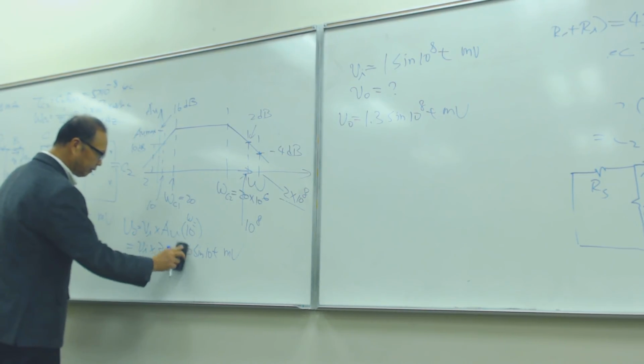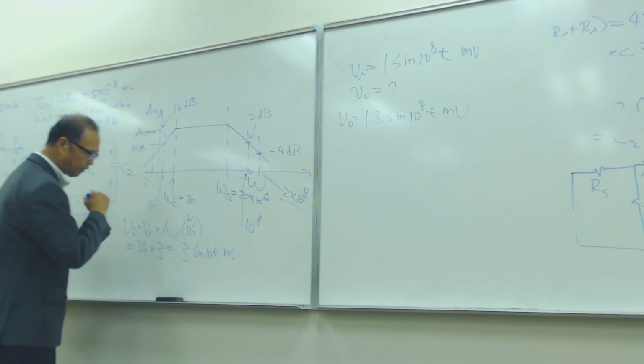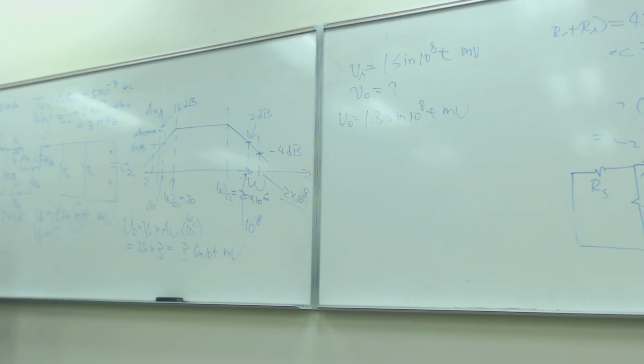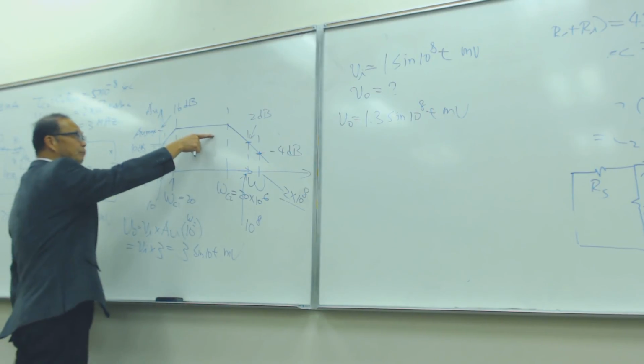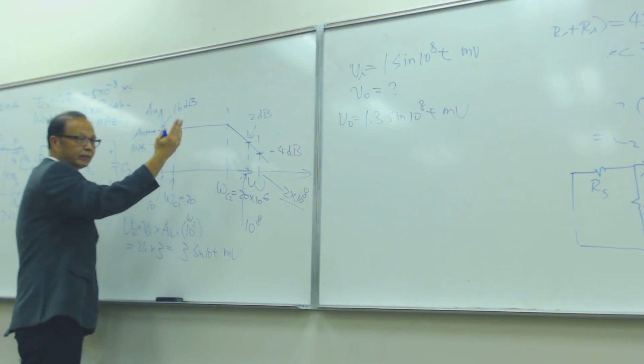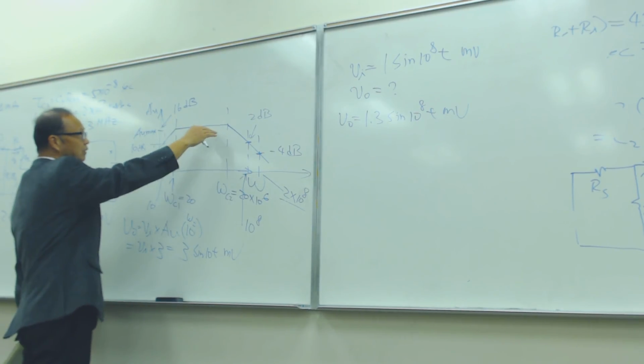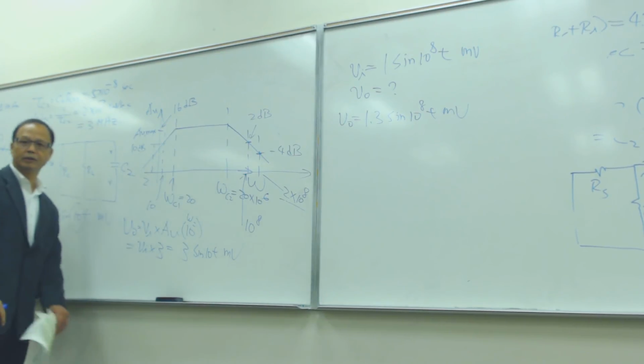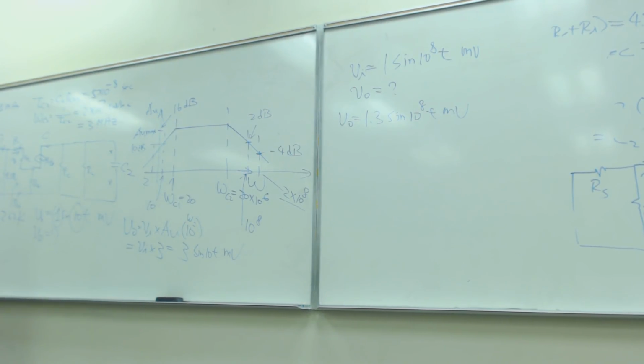So you got an idea? Now, of course, if the frequency is within the bandwidth, then the gain is a constant. The voltage gain is 16 dB, which in the real number is 6.